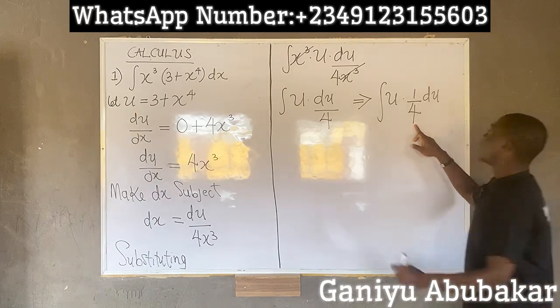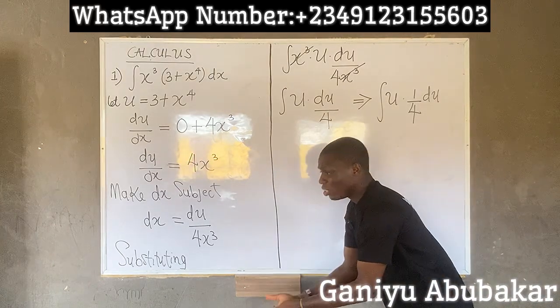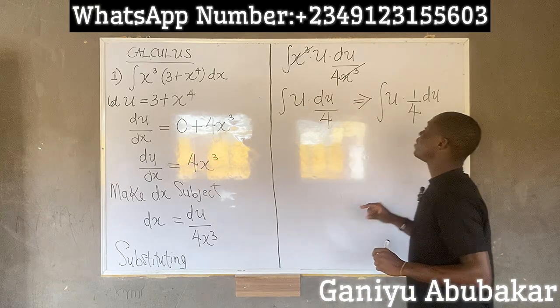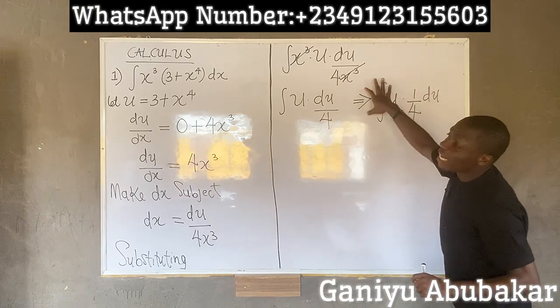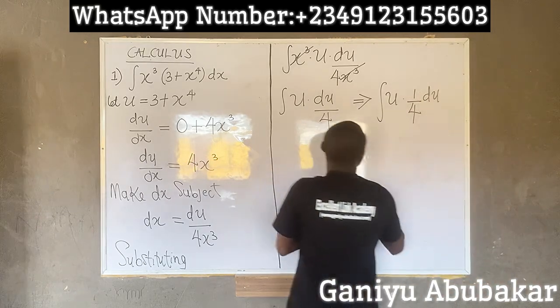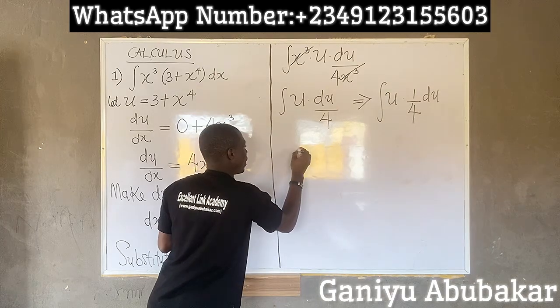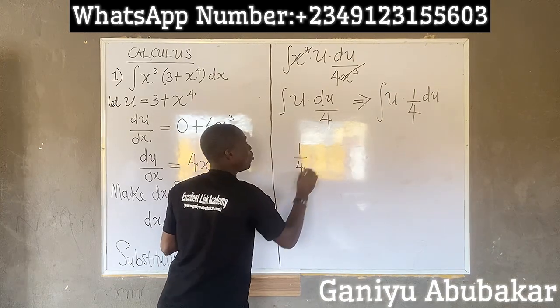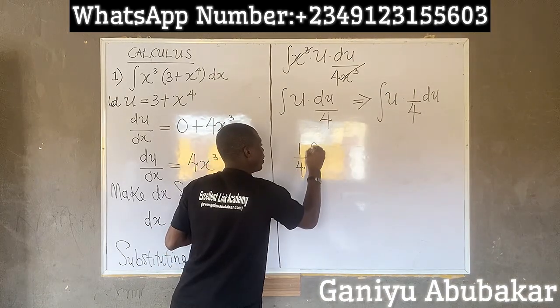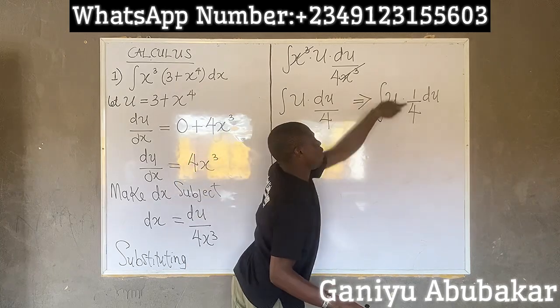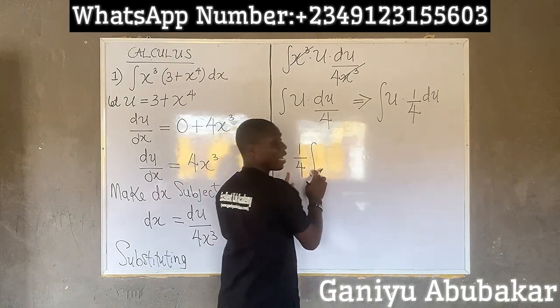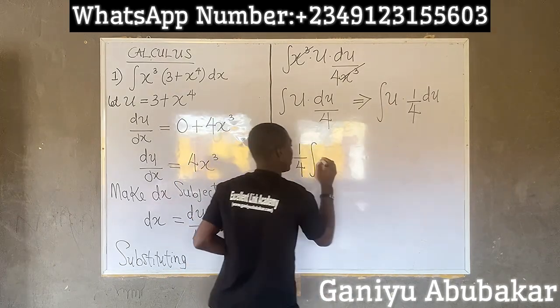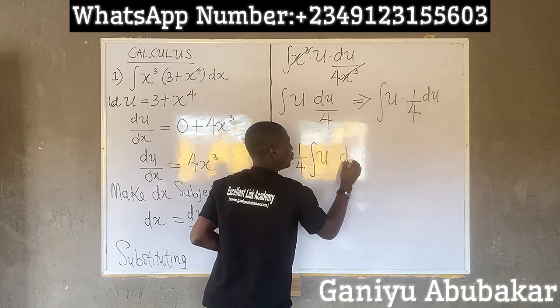That's all. Now, when it comes to integration, the idea is that you bring out the constant term outside the integral sign. So bring out 1 over 4, which is a constant term, outside the integral sign. Next up, I have the integral of u du.